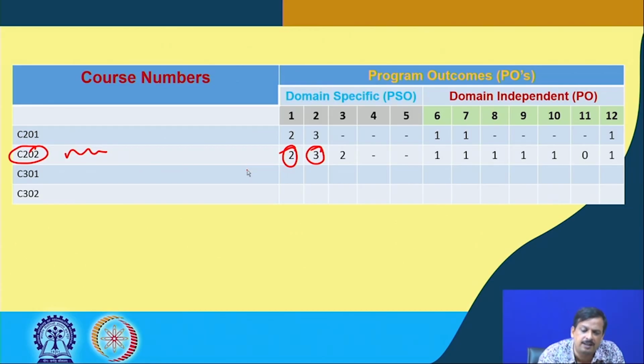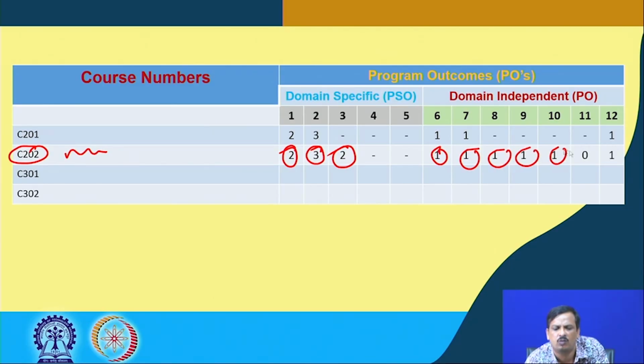Then 4 by 9, I put weight vector 2. Now, the rest are all cases below 30%, so I put weight vector 1, 1, 1, 1, 1, 1.